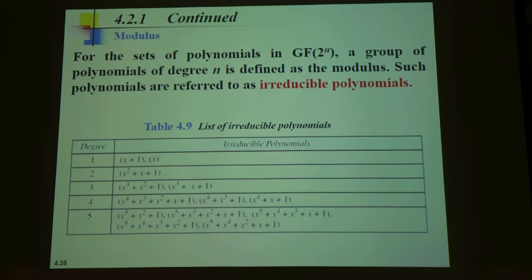Now, when you add a polynomial to a polynomial, the degree will be the same, right? If you have the maximum x to the power 3 and you add, it stays. But when you multiply, what will happen? It could be higher. So we have to reduce it. So what you have to do is reduce by the modulus. There are polynomials you cannot reduce, right?